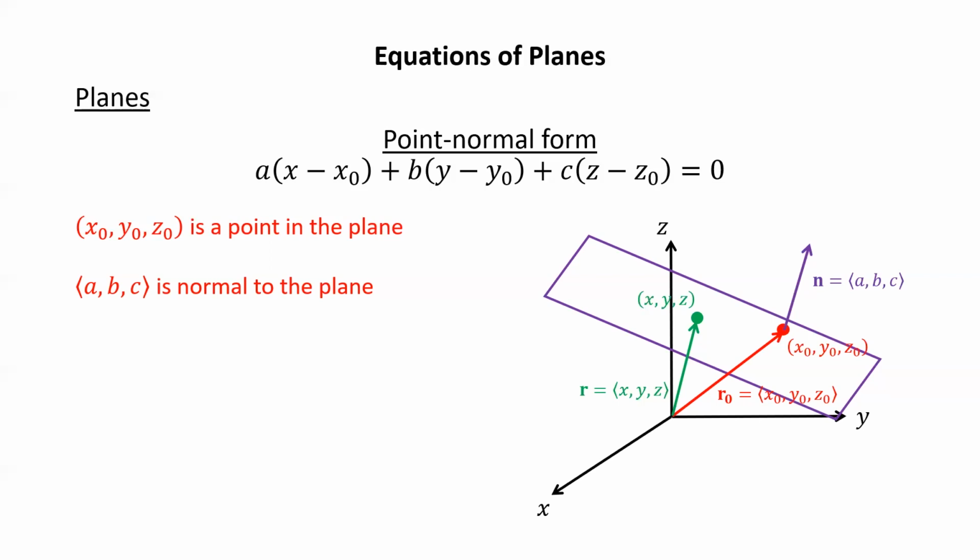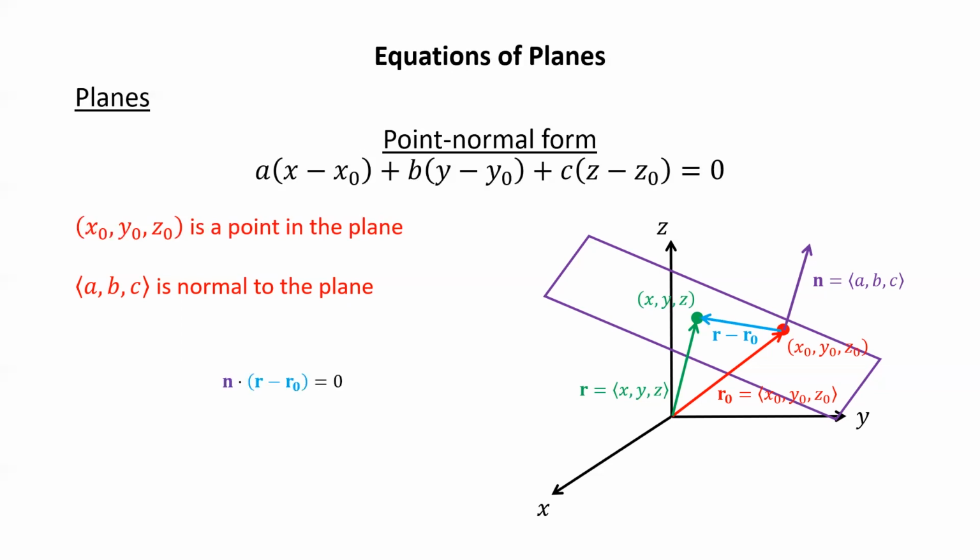Now, the trick to generating this equation is to draw the vector r minus r0. Remember that r minus r0 begins at the terminal point of r0 and ends at the terminal point of r. This vector is orthogonal to the normal vector because it lies inside the plane, and the normal vector is normal to the plane.